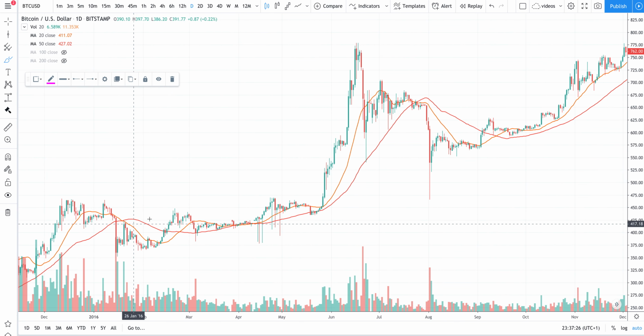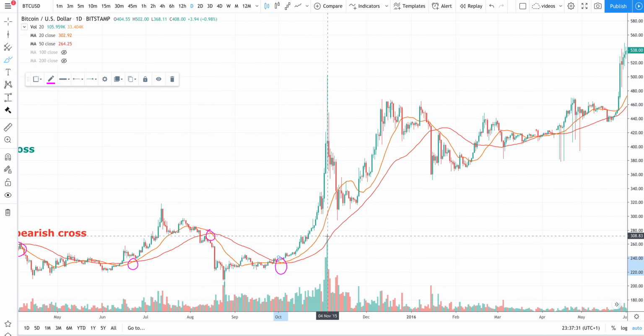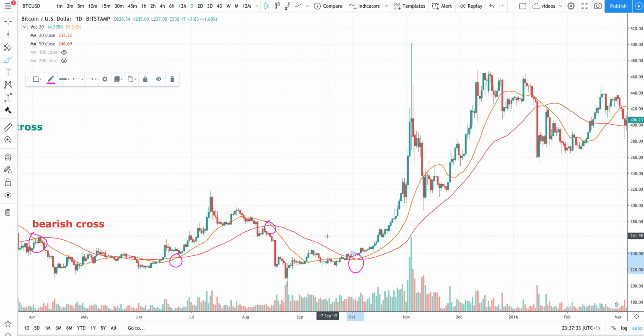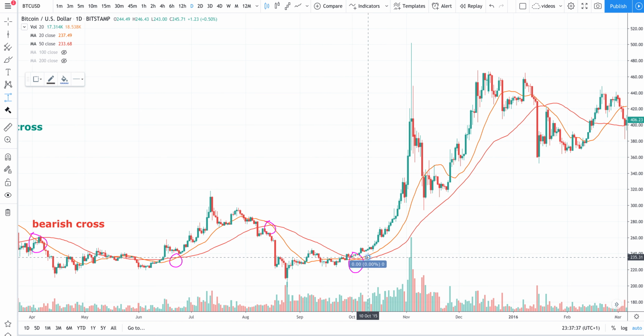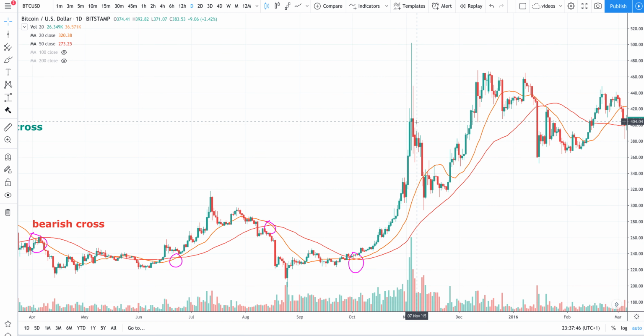As you can see, a lot of possible trading opportunities. And here you see a 100% trade without leverage. Okay, but what can I suggest to you?